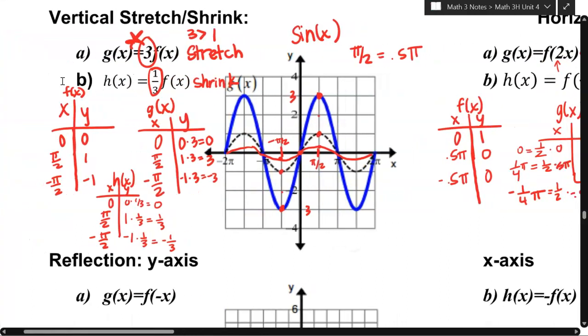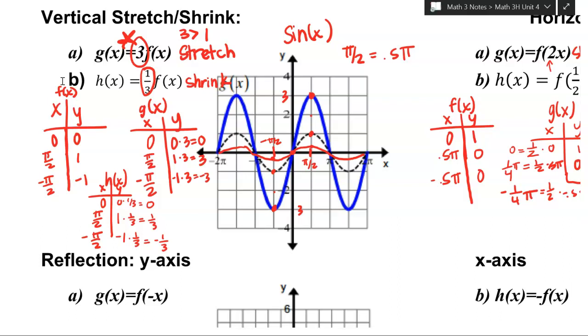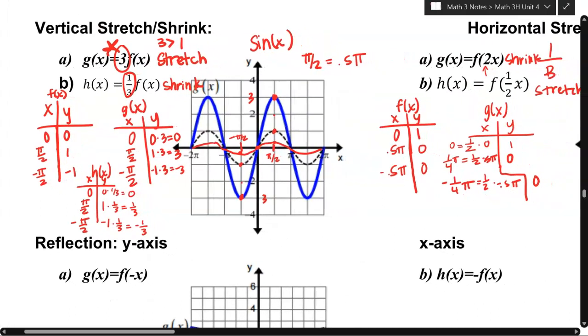And then if it's a vertical stretch, they're moving away from the x-axis, so it's kind of like that opposite. And then a shrink is going to bring them closer to the x-axis. So just notice those for the x and y values.